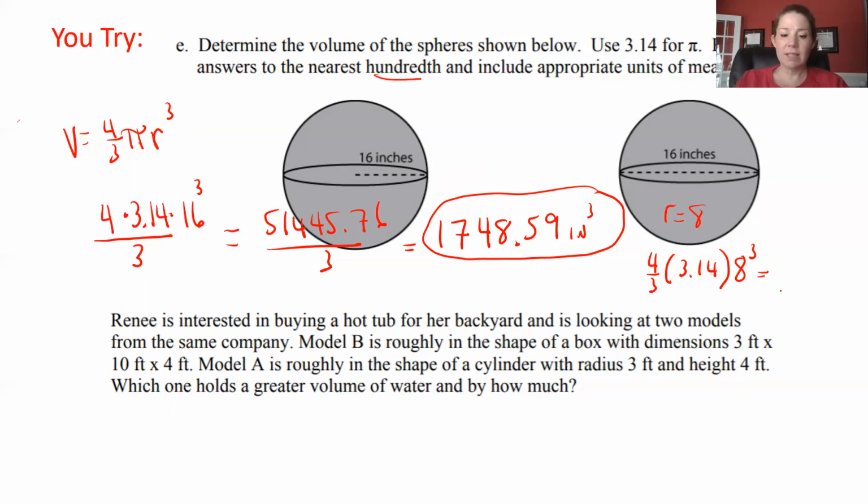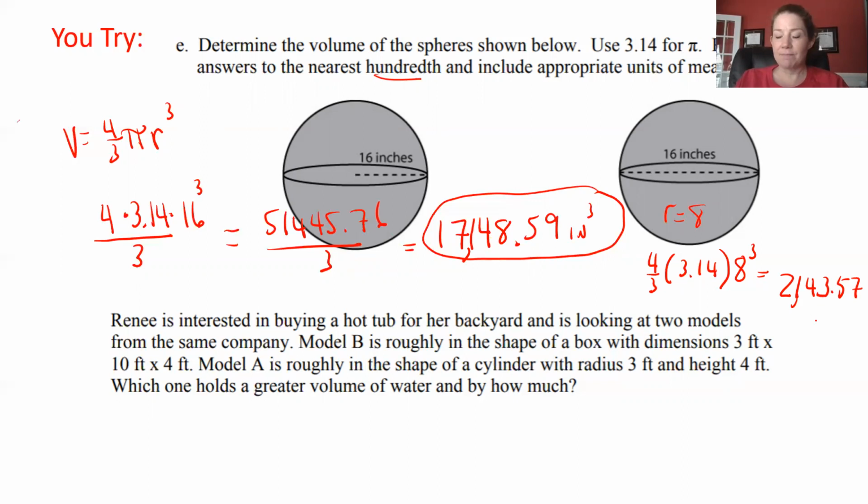Oh, wait. I think I wrote my last answer down wrong. Oh, I did. I left out a whole number. This should be 17,148. Yeah, I wrote that wrong because I realized this number was way too small. So this one is 2,143.57.